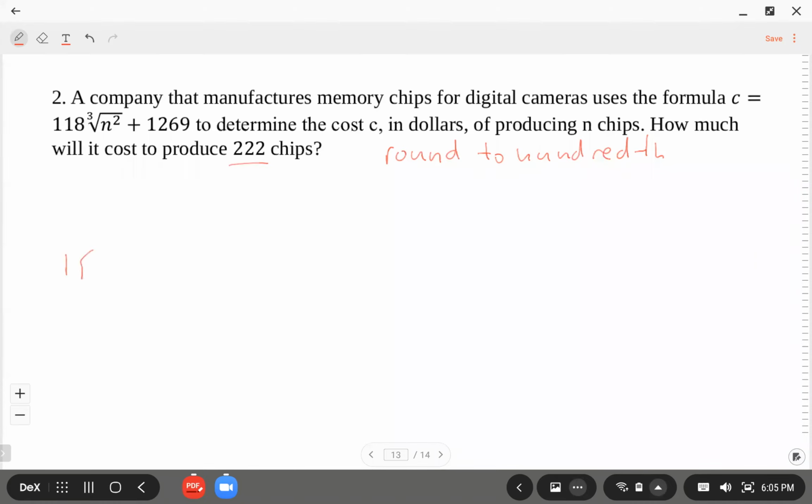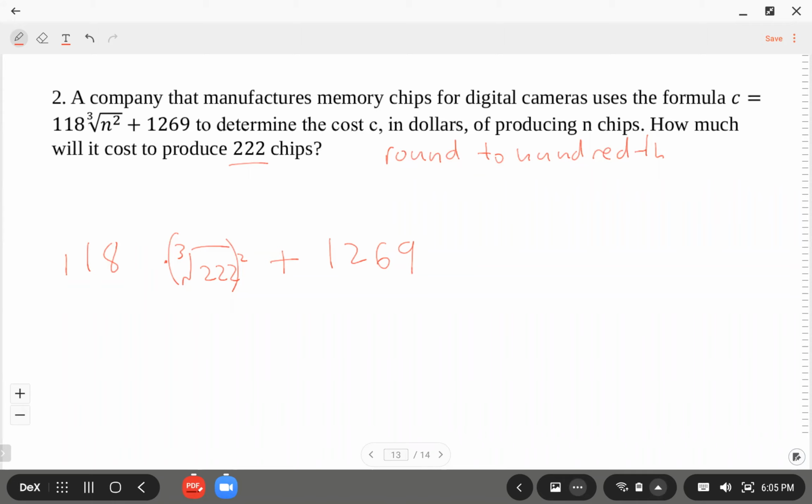Let's sub that in. Okay, that is what we are going to be doing. Actually, let's use the other method. It's going to be easy. And then after we're done with that, we add 1269. Actually, this shouldn't be too hard. It's just basic computation.